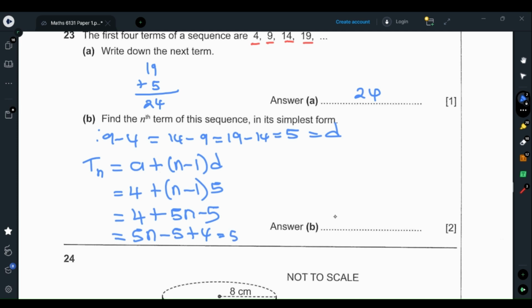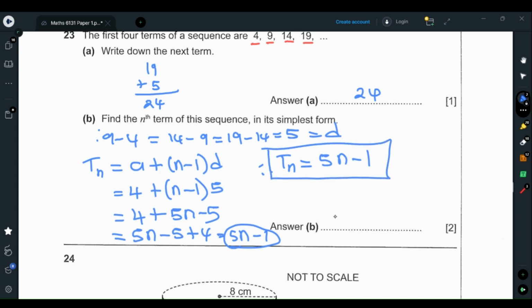This becomes 5n minus 1. Therefore, Tn is equal to 5n minus 1. So this is the nth term. Tn is equal to 5n minus 1.